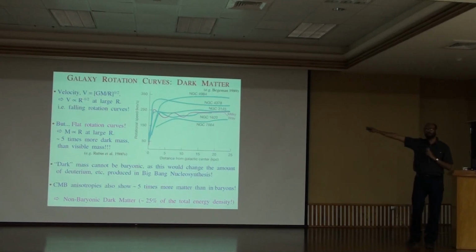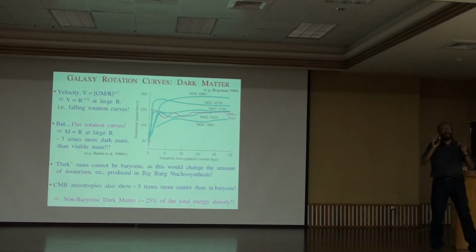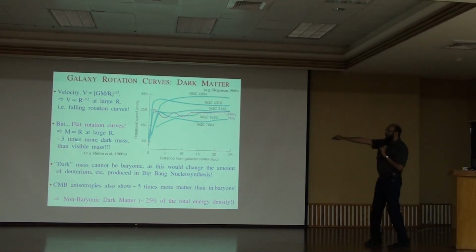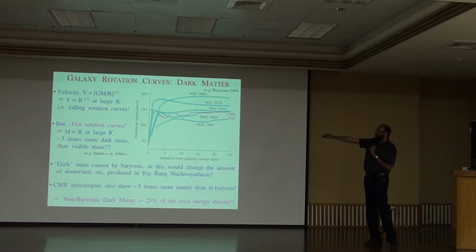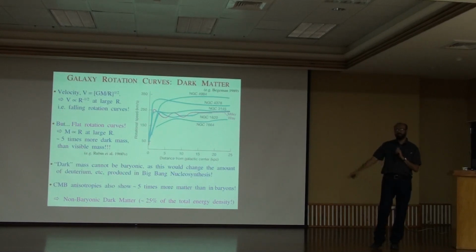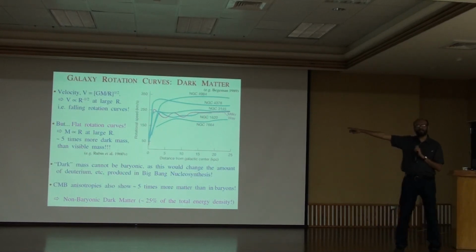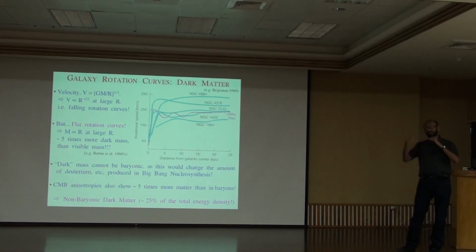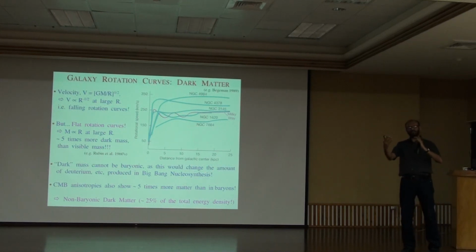The only way, in standard gravity, that you can explain this is that the mass is proportional to radius at large r. The M exactly cancels r, because of which the velocity is constant. And what this roughly means is that you must have 5 to 10 times more dark mass than visible mass. You see gas, you see stars.